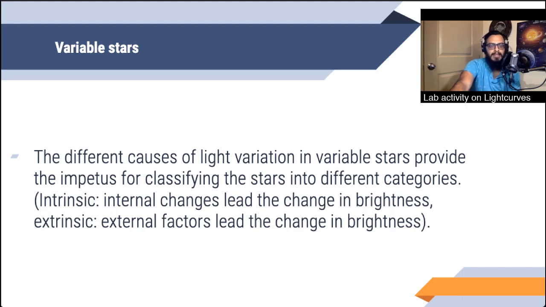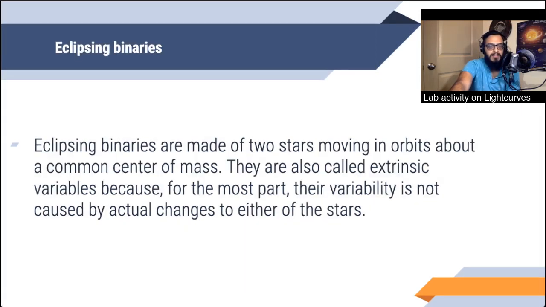So, for example, eclipsing binaries. Eclipsing binaries are made of two stars moving in orbits about a common center of mass. They are also called extrinsic variables because, for the most part, their variability is not caused by actual changes of either of the stars specifically.